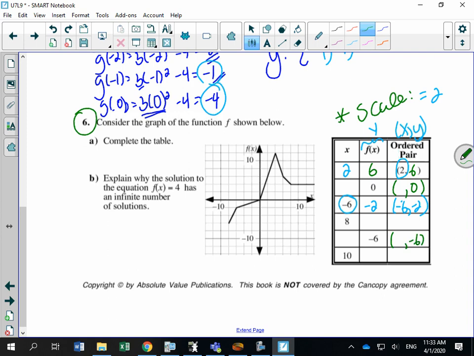When y is -6, -2, 4, 6, that x value is 8. Nope, -8. And here, when y is 0, right there, what's that x value? So when y is 0, x is also 0. Try to do that one completely on your own if you're able to.